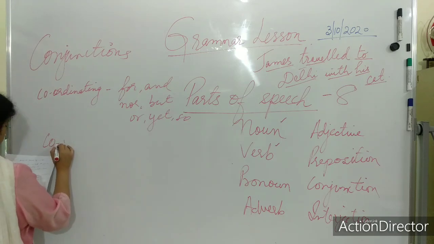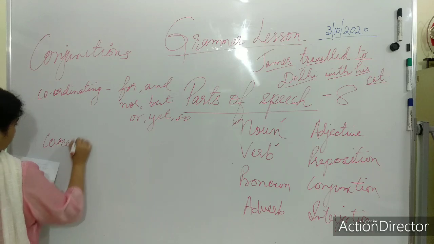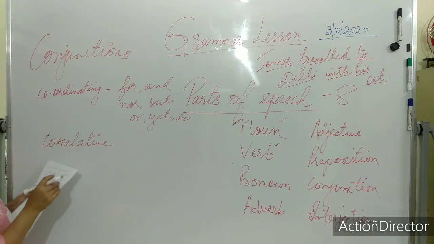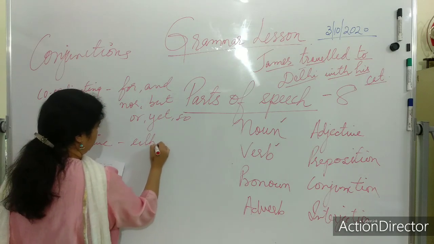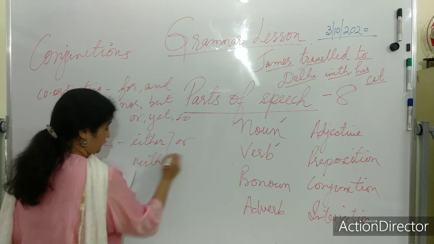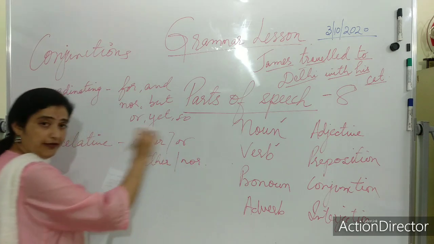Then correlative conjunctions. They generally come in combination: either, or, neither, nor, and so on.